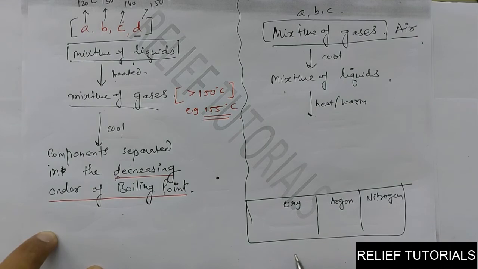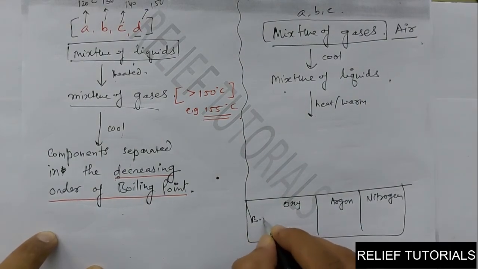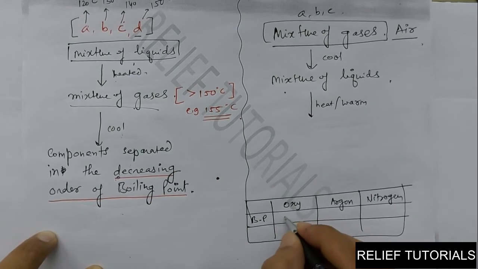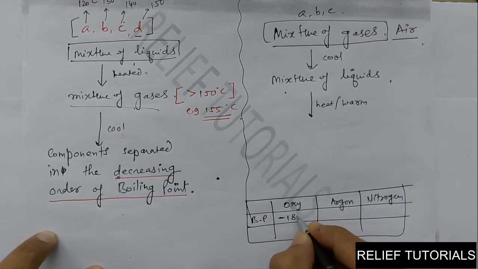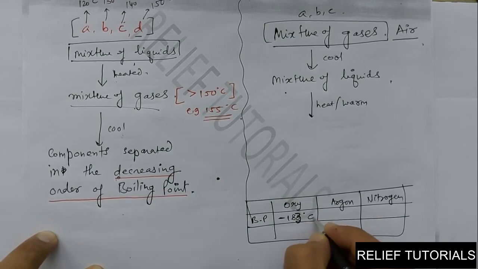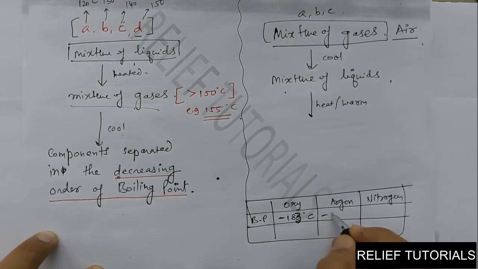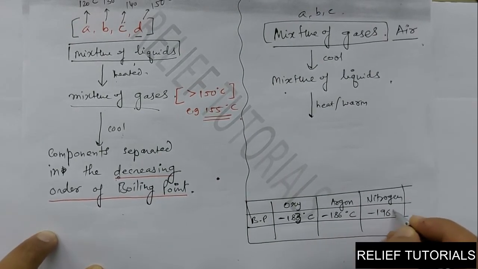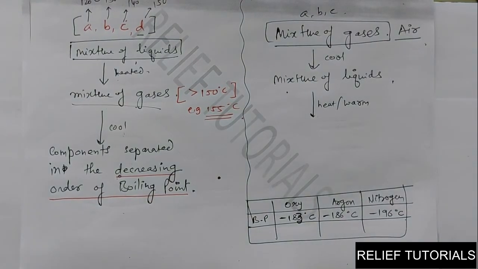Boiling point of oxygen is minus 183 degrees Celsius. Of argon it is minus 186 degrees Celsius, and for nitrogen the boiling point is minus 196 degrees Celsius.